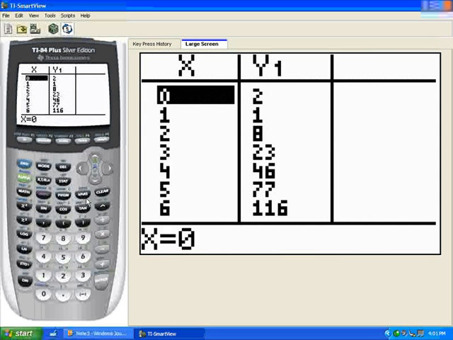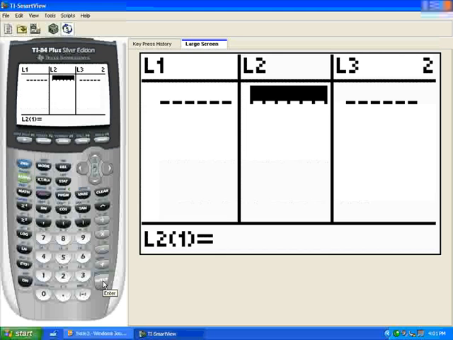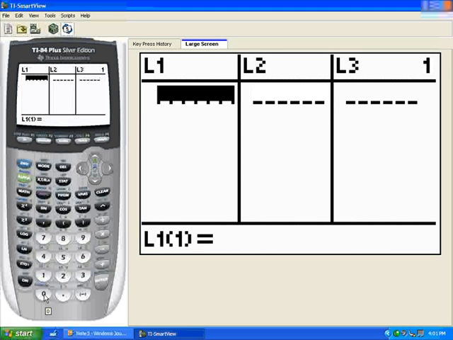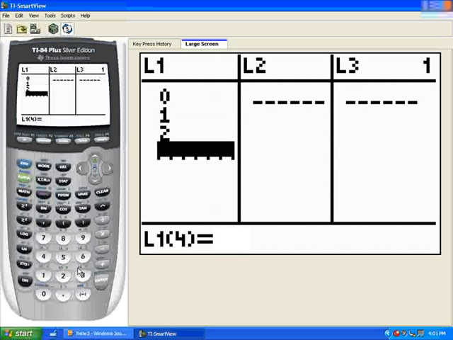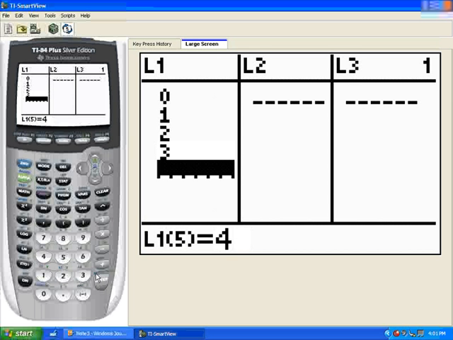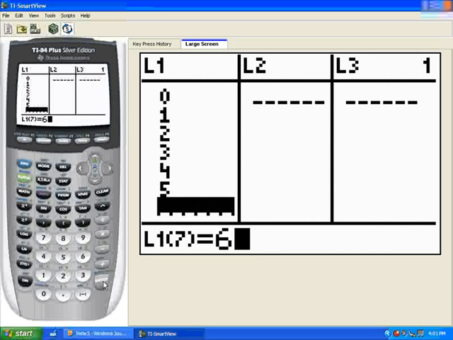So there's our list of numbers. First of all, our x values. We'll go to the stat editor and put in 0, 1, 2, 3, 4, 5, and 6.